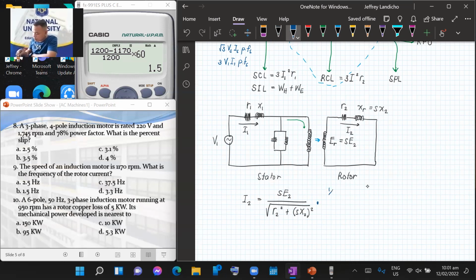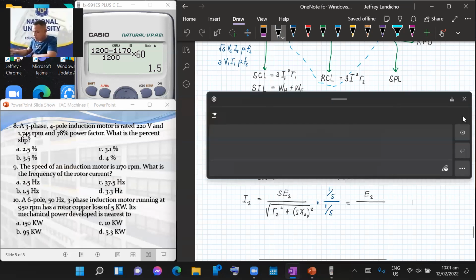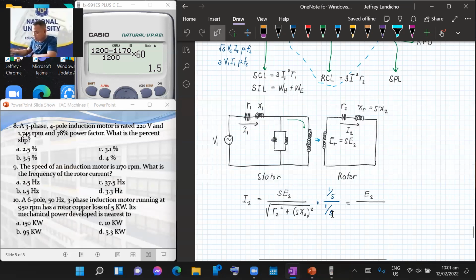Anong gagawin? Multiply ko lang ito by 1 over S over 1 over S. Okay? So, anong natira? Cancel na yung S kay E2. So, therefore, we have now only X sub 2 divide. Ngayon, ipapasok ko sa loob ng square root itong S nito. Anong lalabas dyan?